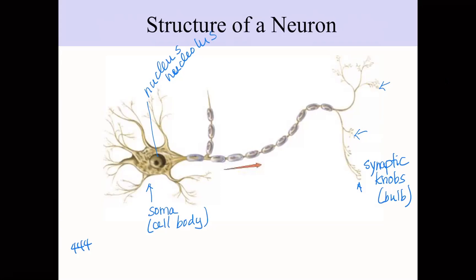Now these little things that are pointing out that look kind of like tree branches are called dendrites. Dendrology is the study of trees. So dendrites are tree-like branches that are coming off here. Let me write it down here. These are cytoplasmic extensions.